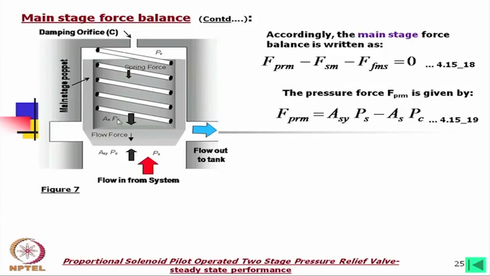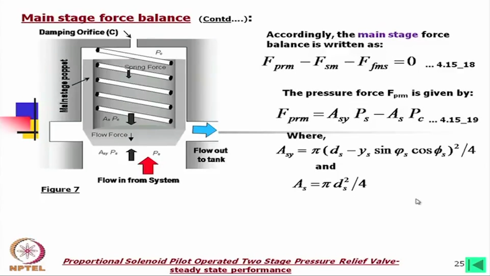This pressure is actually A S; although it is written like this, A S is the full pressure here over the whole area. It is not only acting over here, it is also acting over there. So, A S and A S Y might be the same, but we have kept them separate in case there are any differences, because when it is closed, this area might be less than this.